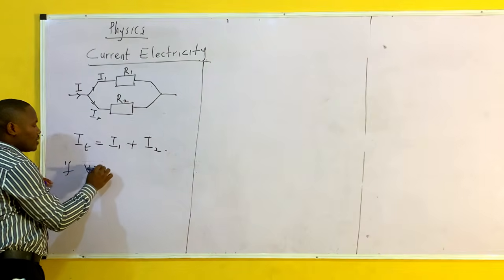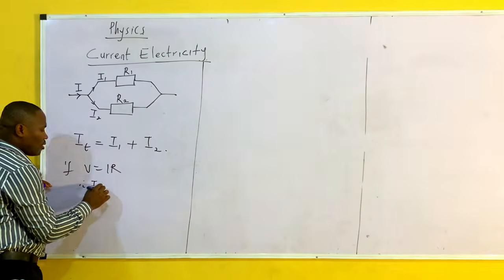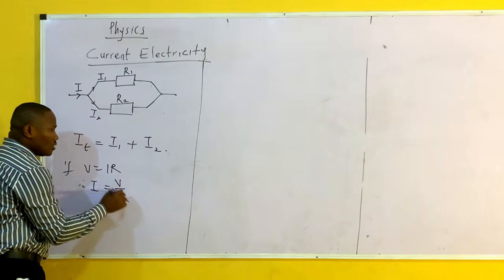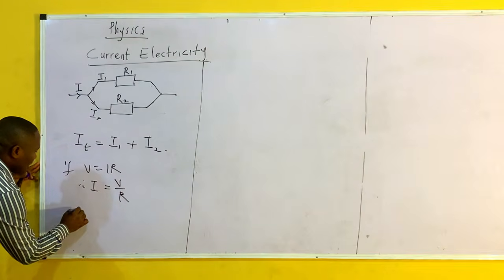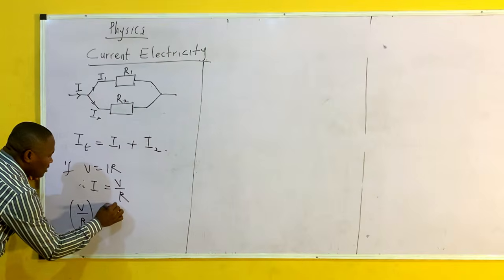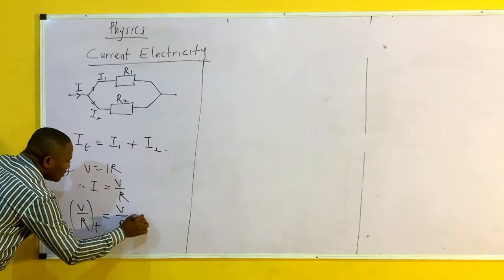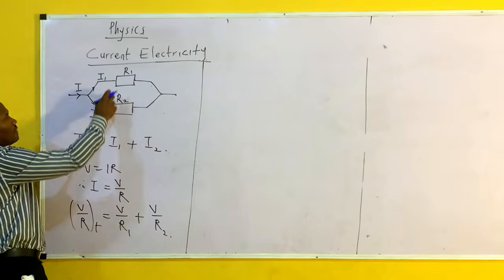If V equals I R according to Ohm's law, therefore current will be voltage over R. So I will now have V over R total equals V over R1 plus V over R2.